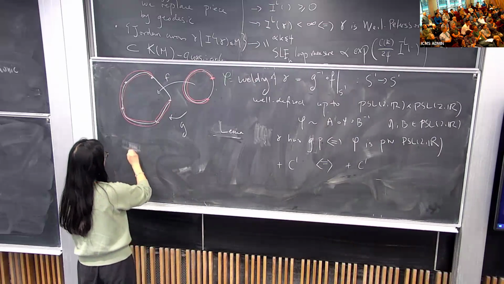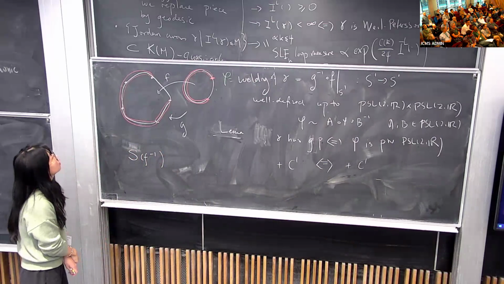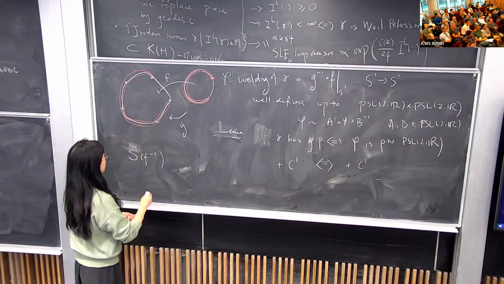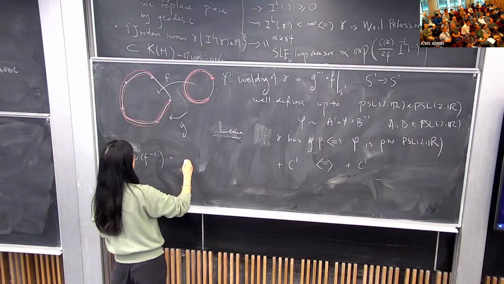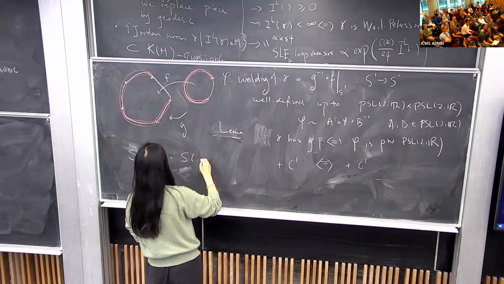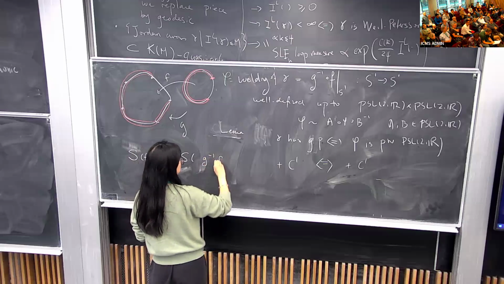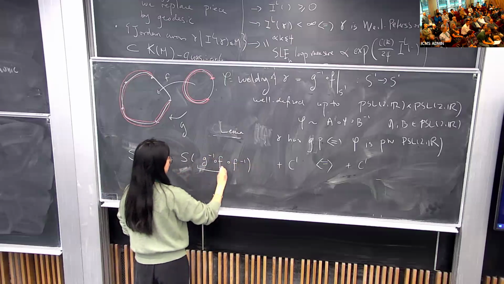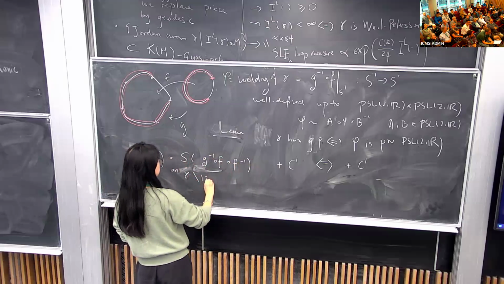If you look at the Schwarzian of F inverse, going from here to here, this will be the Schwarzian of G inverse composed with F composed with F inverse on gamma after removing these points.